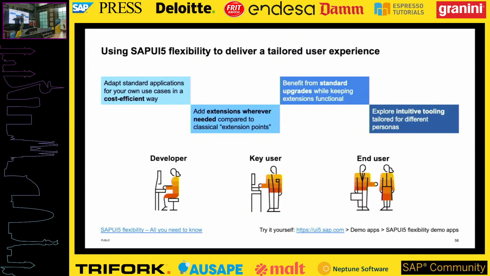Put into every application, maybe someone would want to extend an application here in this place, so I put in an extension point. And if these are not there, not enough, not in the right place, then there's a problem. But with SAP UI5 flexibility, there's no need for extension points. It's a generic technology working just because it's UI5.